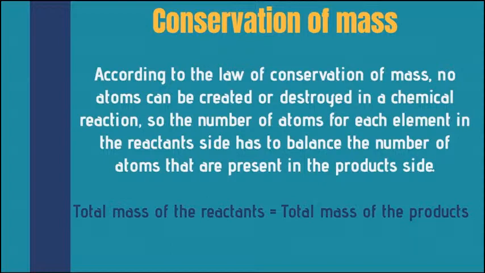So here also both sides are equal. That is, the total mass of the reactants, the beginning things that we use to start the reaction, equals the total mass of the products. So no mass is destroyed and no mass is added during the reaction.